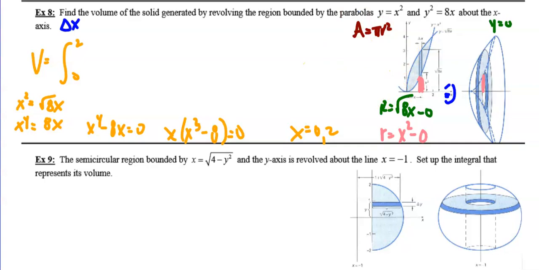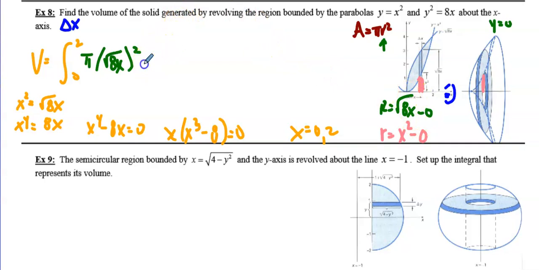So we're going to go ahead and first of all do our big R. So remember, it's going to be pi, and then this is our radius, and remember, it's pi r squared. So we're going to take the square root of 8x, and we're going to square it. I've just dropped the 0. All right, and we're going to do examples where it's not the axis in a little bit of time.